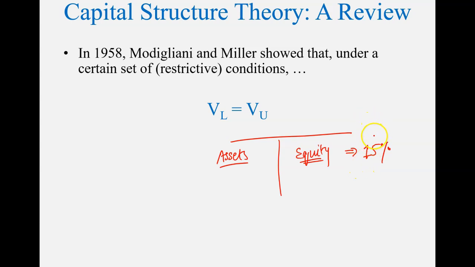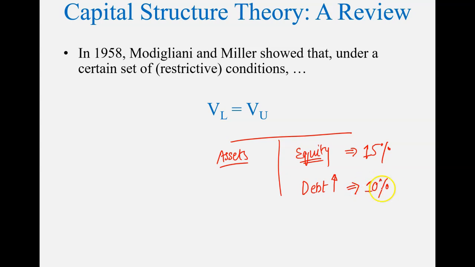So this was the unlevered cost of equity, and now the firm says, look, I'm going to take on some debt now, and I'm going to borrow some money, so debt is going to go up. Guess what? Debt is usually cheaper, isn't it? Because equity holders are taking on a lot more risk. Let's suppose you can get debt at like 10%.